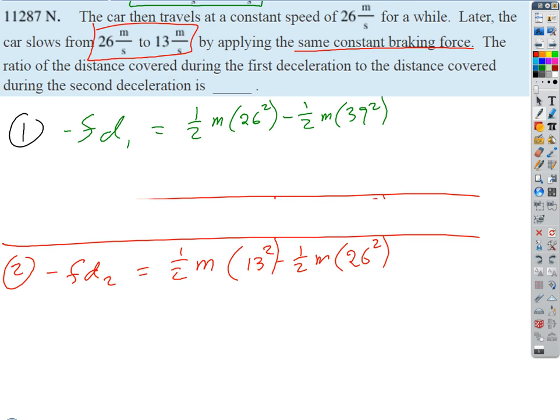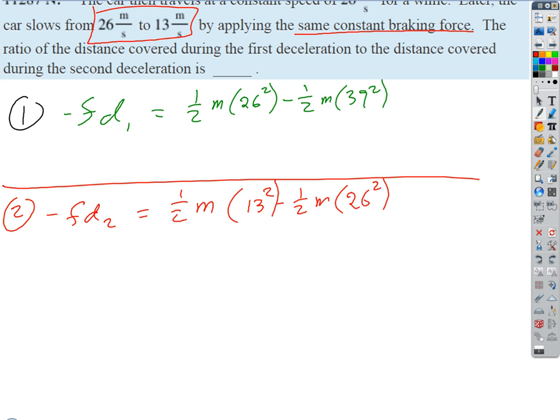Okay. And so really all we're trying to do is get the ratio of D1 over D2, right? Okay. So if I were to solve for D1 in this first equation, I'm just dividing both sides through by negative F, right?